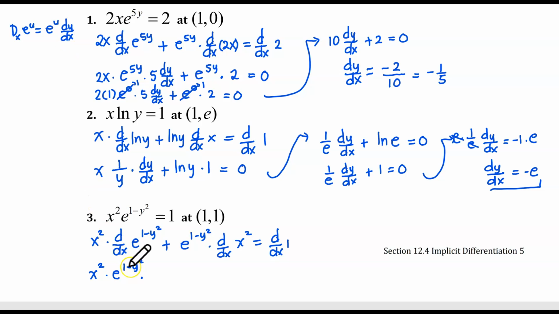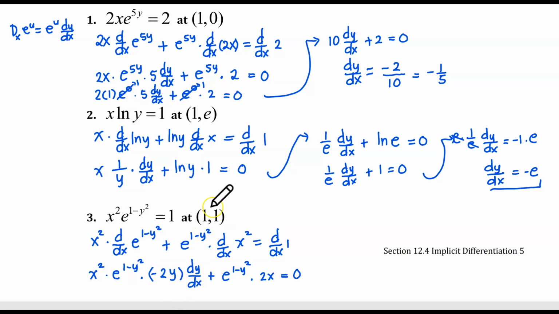That means the derivative of u here, the derivative of 1 is 0, and the derivative of negative y squared is negative 2y times dy/dx, plus e to the 1 minus y squared times the derivative of x squared, which is 2x. And that is equal to 0.